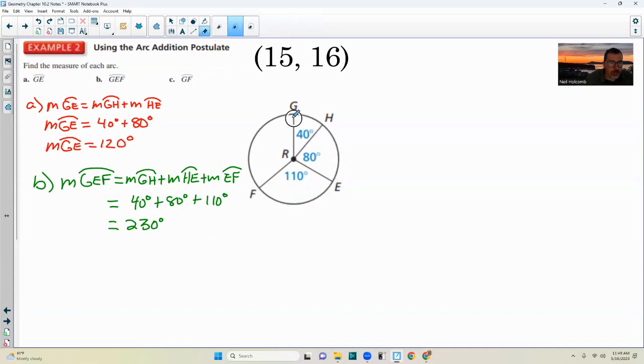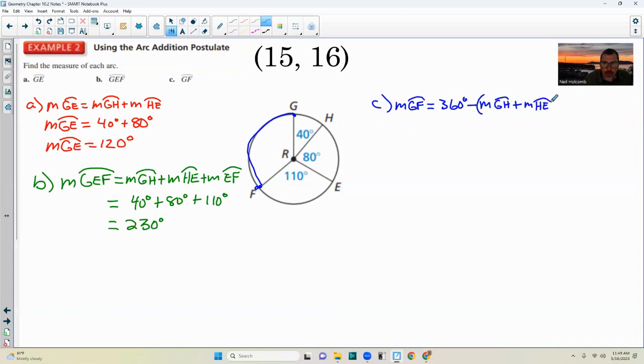Okay. So the next one, the last one, I'll do this one in blue. This is part C. The measure of arc GF equals, so here's G, and I'm going this way to F, is right here, equals 360 degrees minus the measure of arc GH plus, and I'm going to put that in parentheses, the measure of arc HE plus the measure of arc EF.